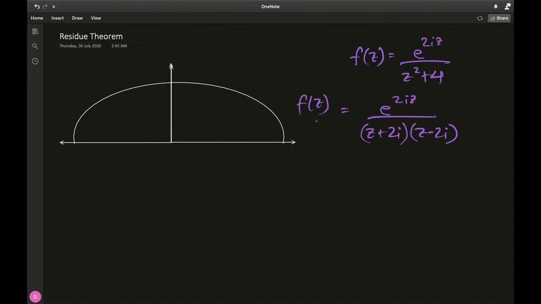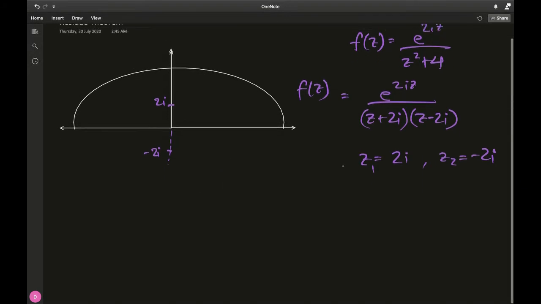So there are 2 points where the denominator will be 0, 2i and negative 2i, but we need to be worried about those points that lie inside our contour. So 2i is somewhere over here, negative 2i is somewhere over here.